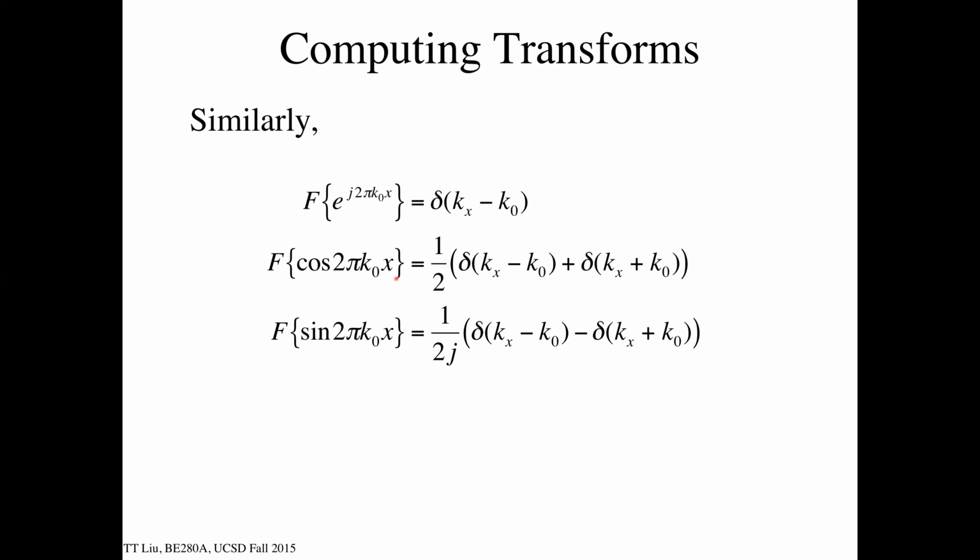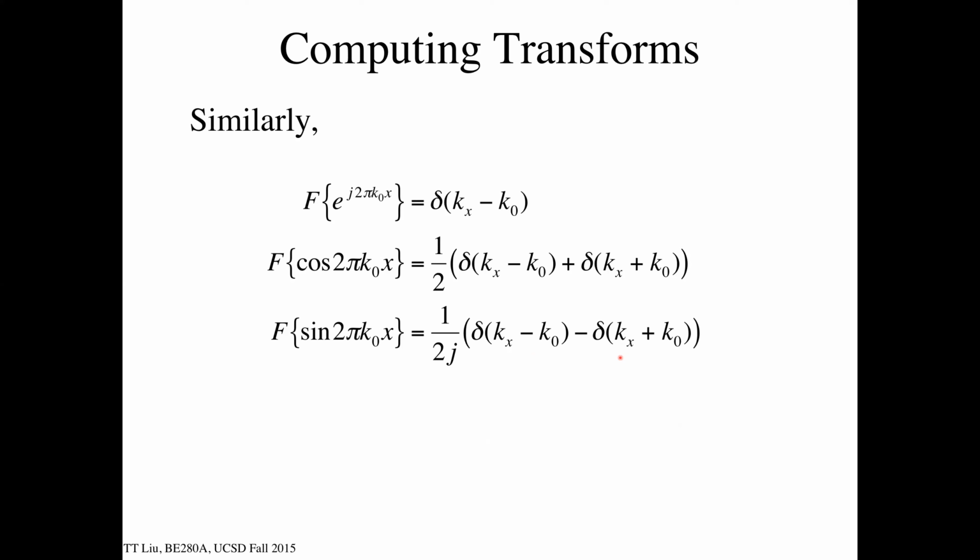When you take the Fourier transform, it turns out you get 2 peaks, 2 delta functions. And they are at whatever the frequency of the cosine is, plus and minus from the origin. Similarly with the sine function, you get 2 delta functions, but one of them is inverted with respect to the other.